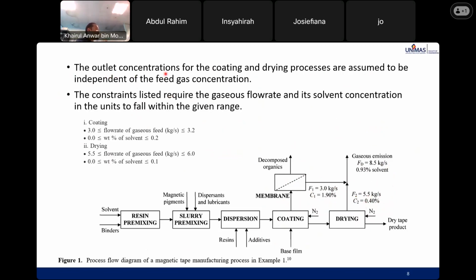The outlet concentrations for the coating and drying processes are assumed to be independent of the feed gas concentration. The constraints listed require the gaseous flow rate and its solvent concentration in the units to fall within the given range.